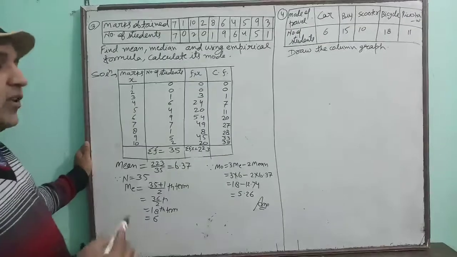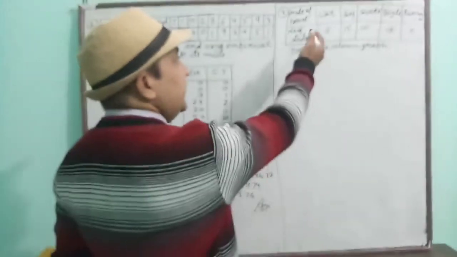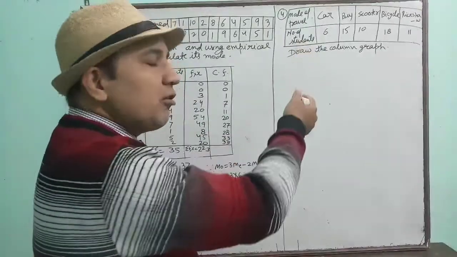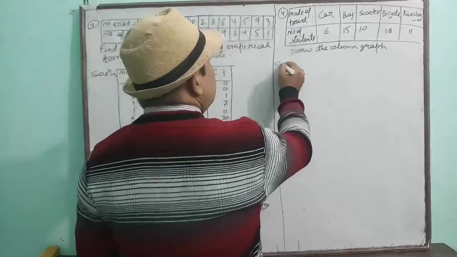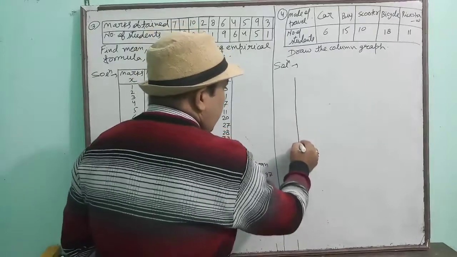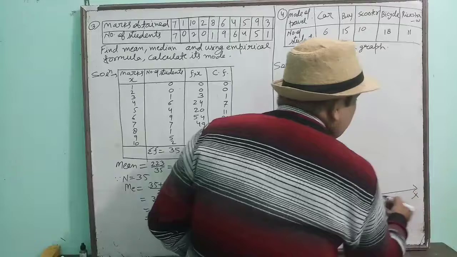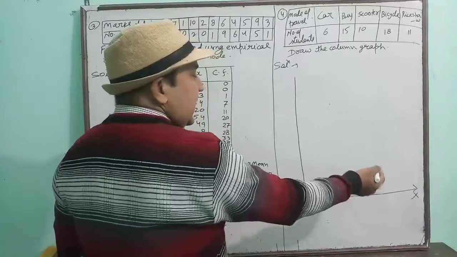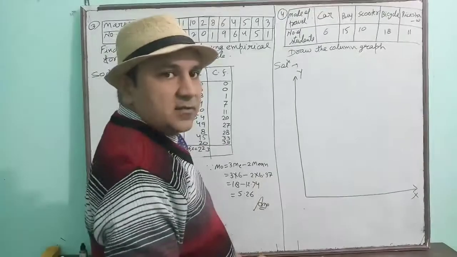Understood? Now the last topic of this chapter is column graph. See, I have written one question. How to draw it on a column graph? See here. Children, to solve this one, you have to use your graph paper. On the graph paper, draw one horizontal line which is called x-axis, and one vertical line which is called y-axis.